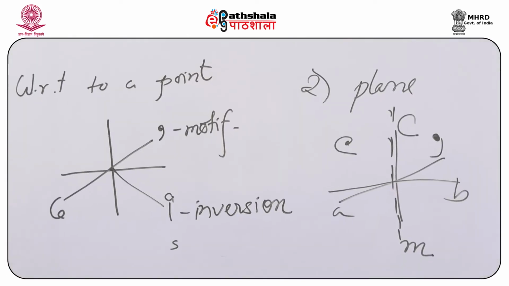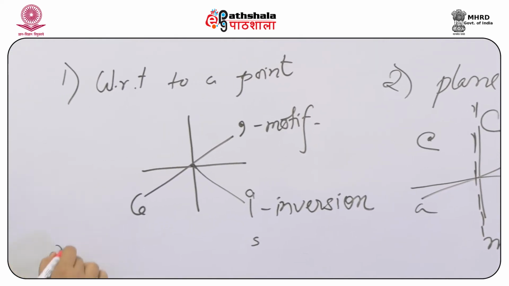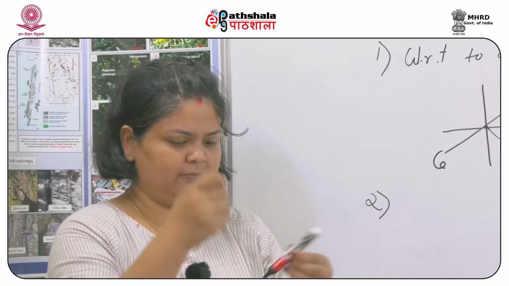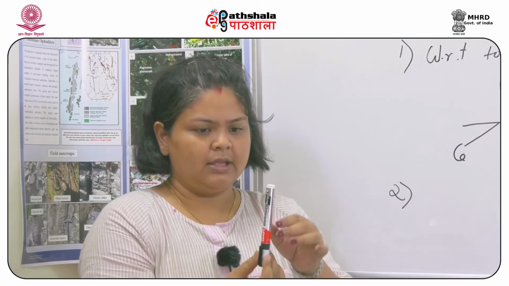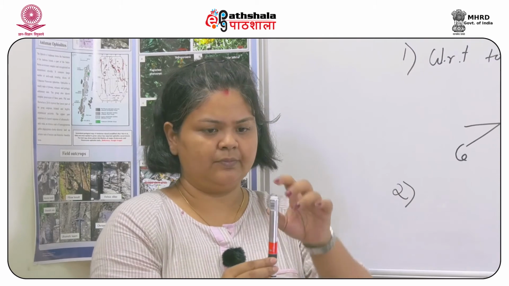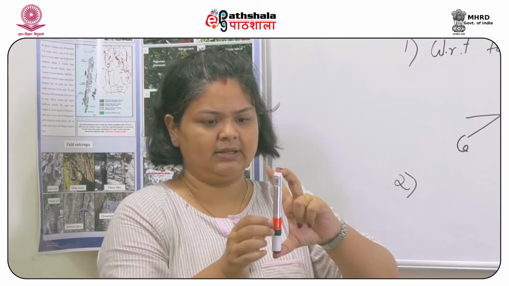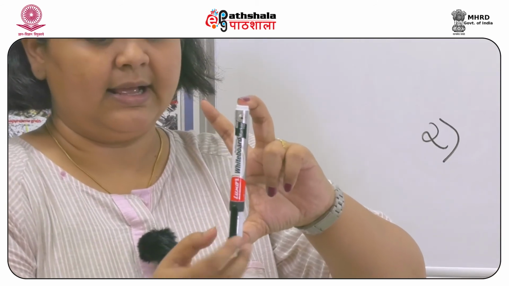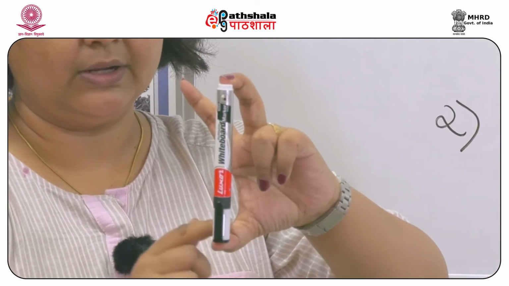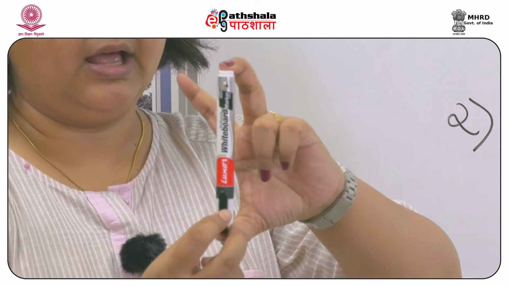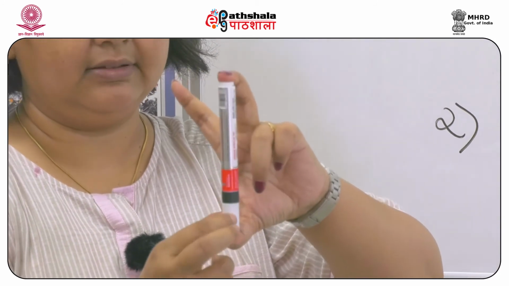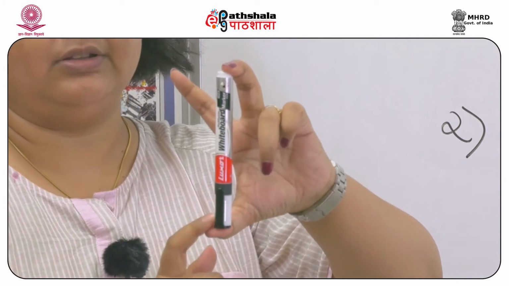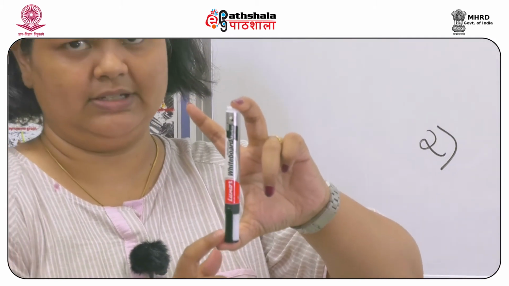Then we have symmetry with respect to an axis. For instance, if this is my object, and this is the point which I want to repeat, if I want to get it back to the same position, I have to rotate this by 360 degrees, and this is what is called a one-fold axis of rotation.